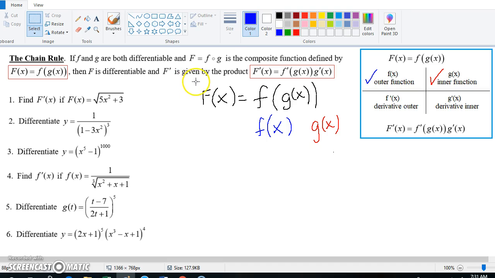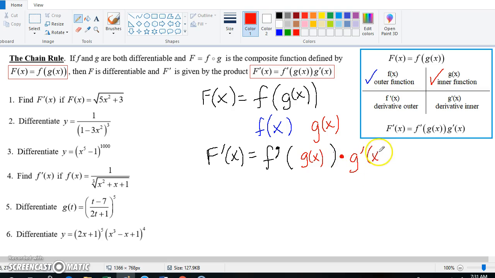Now, the derivative itself says f prime of x is the derivative of the outer function composed with the inner function, multiplied by the derivative of the inner function.